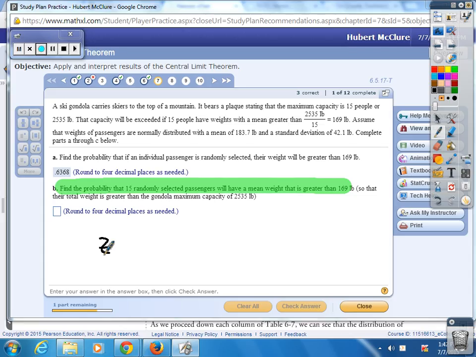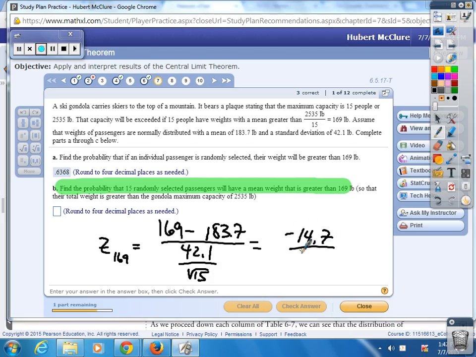z sub 169 is equal to 169 minus 183.7 over 42.1 divided by the square root of 15. And I think we said this was going to be negative 14.7 over 42.1 divided by, well, the square root of 15 is 3 point what? 3.9?